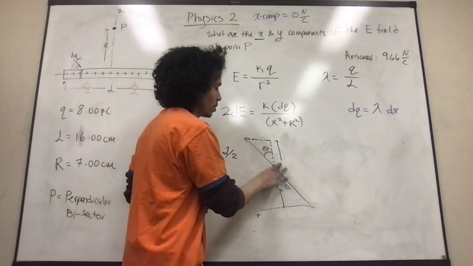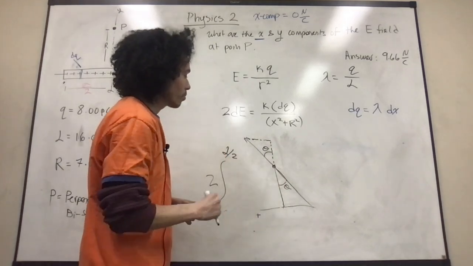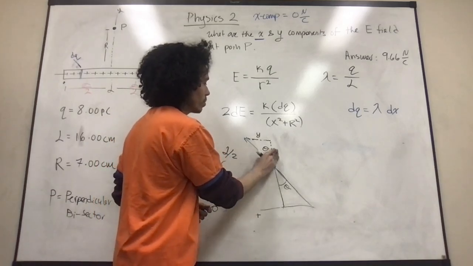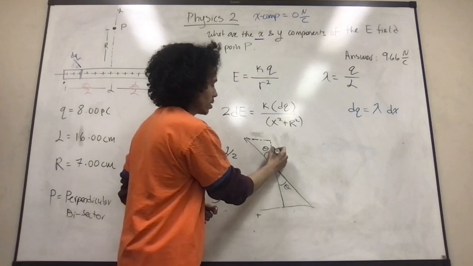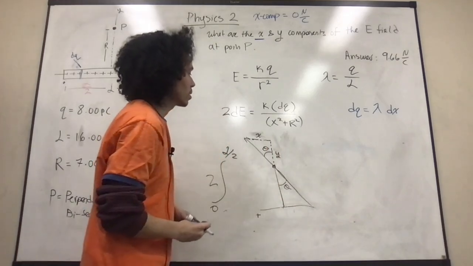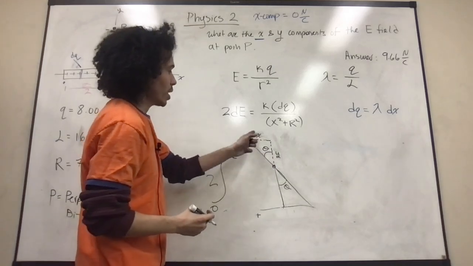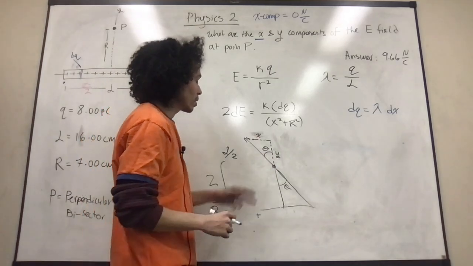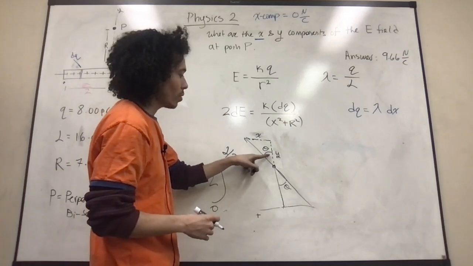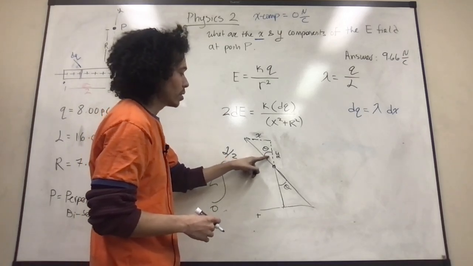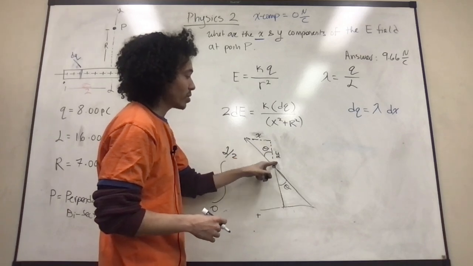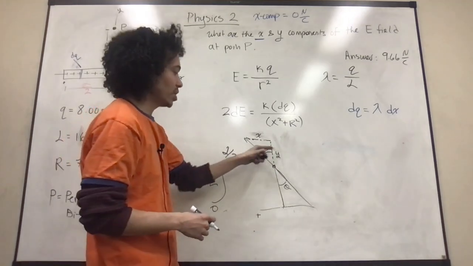Now, if this is our y component and this is our x component, then oddly enough, for this problem, because the angle is at this point of the triangle, the component that we're measuring is adjacent to the angle.